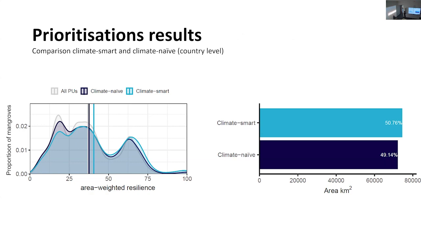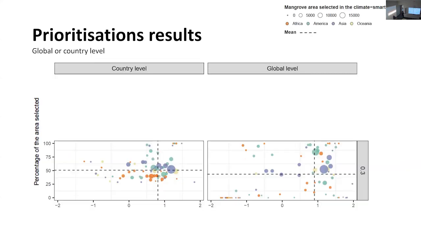And we found that, first of all, it's less able to select the most climate smart areas. So the mean value of climate resilience is lower than the previous one. And also at the end, the cost is quite higher. It becomes around 50% of the global mangrove area, where previously it was around 40%.